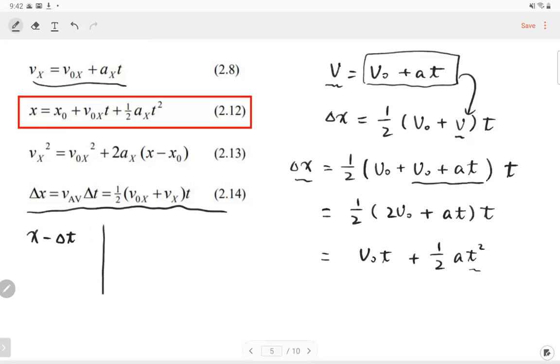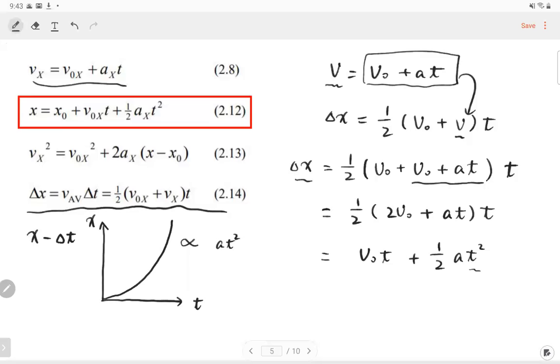So if we draw the x-t diagram, the graph will show you a curve. This curve is a parabolic curve. This is proportional to the A t squared.